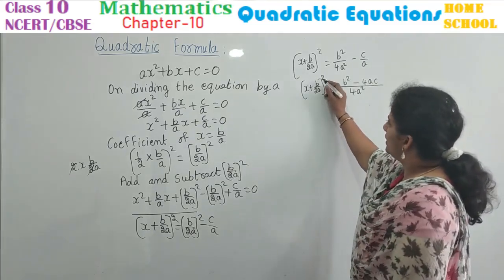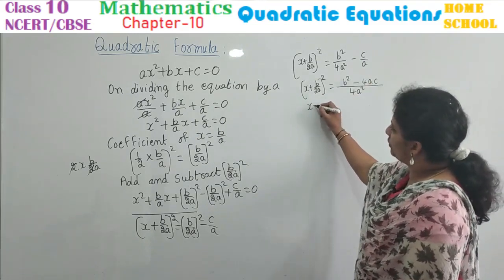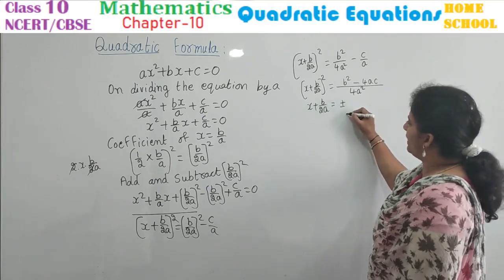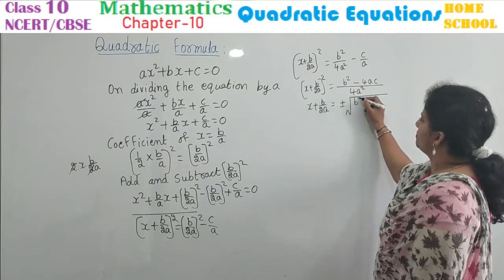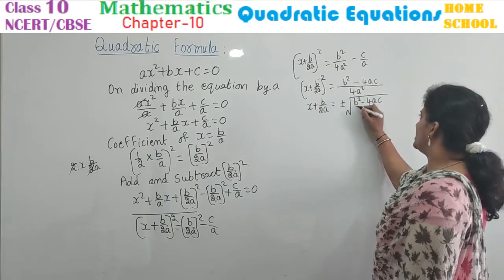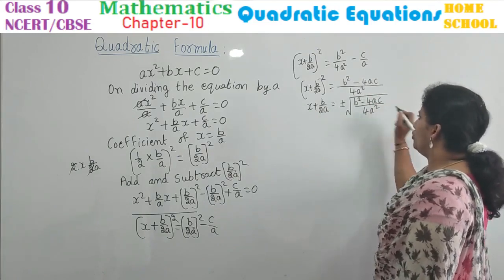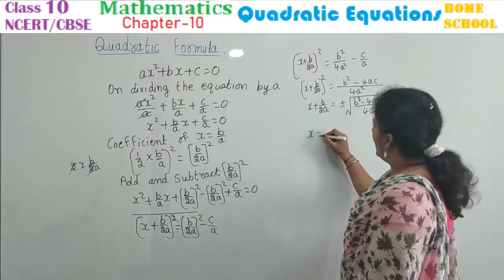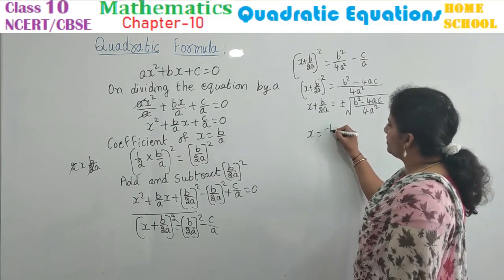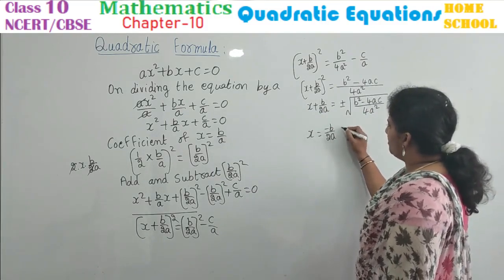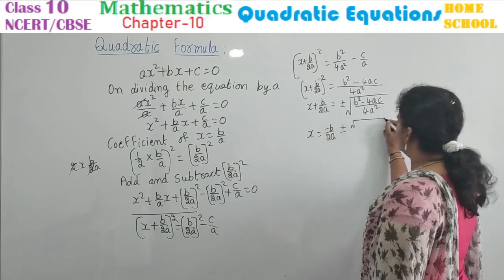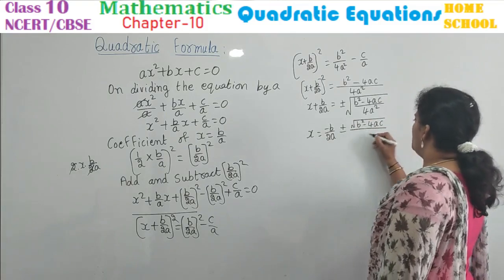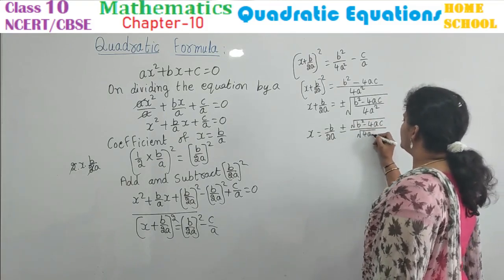Remove the square, apply the square root on the other side. x plus b by 2a is equal to plus or minus root of b square minus 4ac by 4a square. Split the root for numerator and denominator, and send b by 2a to this side. Minus b by 2a plus or minus root b square minus 4ac by root 4a square.